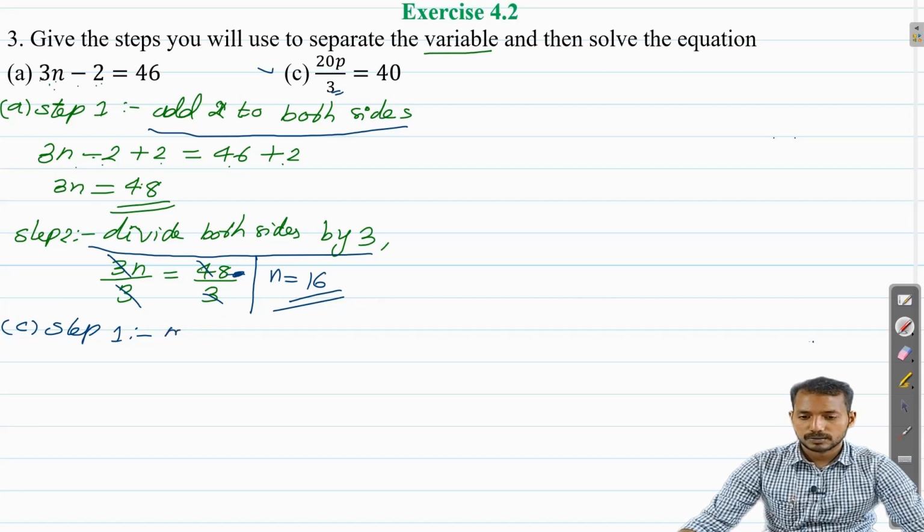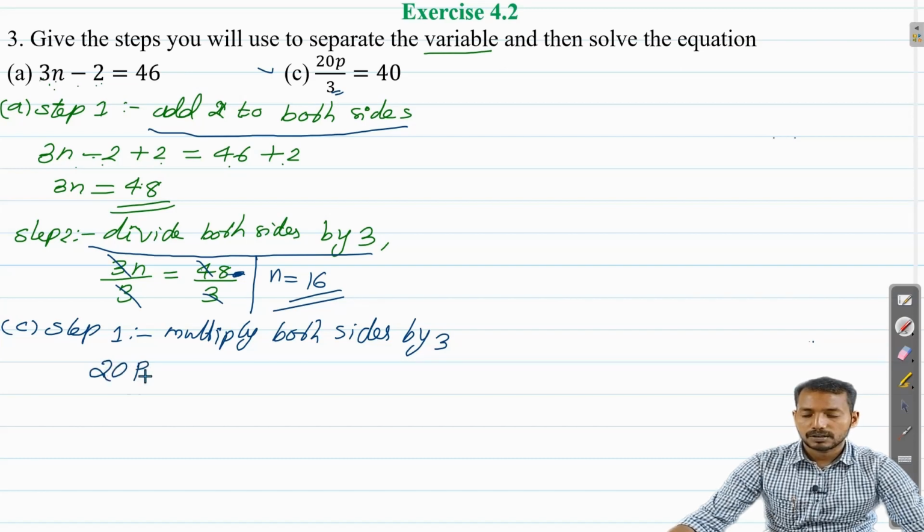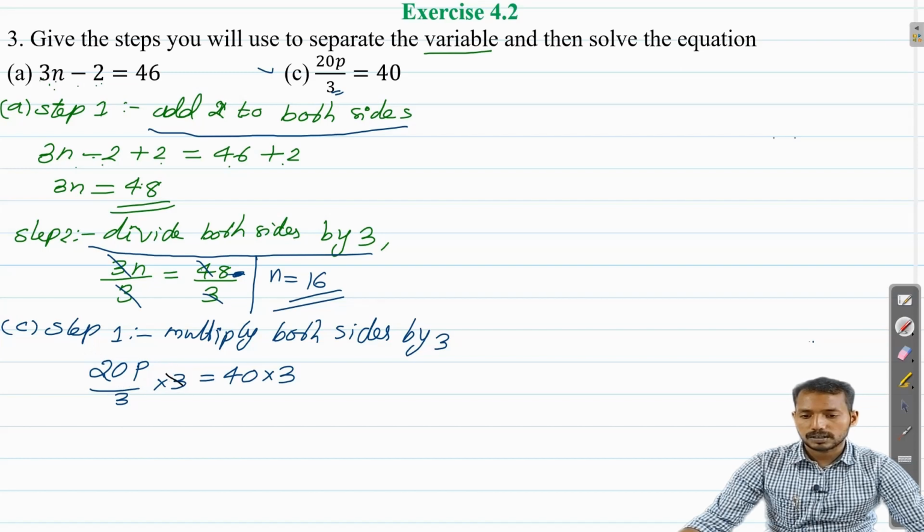So multiply both sides by 3. We will get 20p divided by 3 into 3, which is equal to 40 into 3. So what will we get? This 3 cancelled. 20p we will get. 20p, which is equal to 40 into 3, is equal to 120.